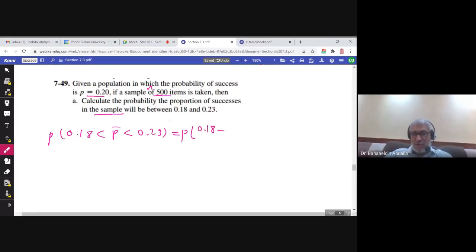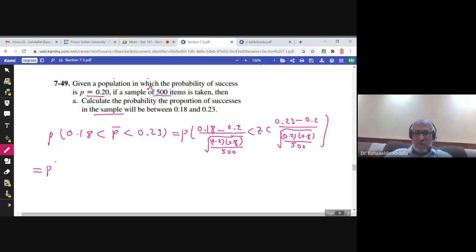So subtract 0.2, which is P, over sigma P bar, which is the square root of 0.2 times 0.8 over N, which is 500. This is less than Z, less than 0.23 minus 0.2 over the square root of 0.2 times 0.8 over 500.